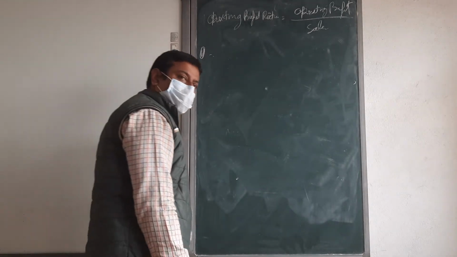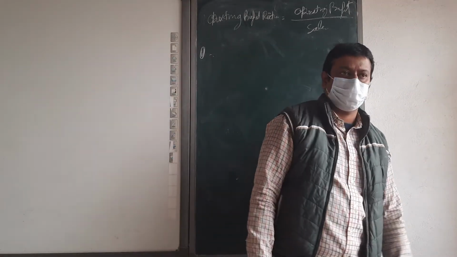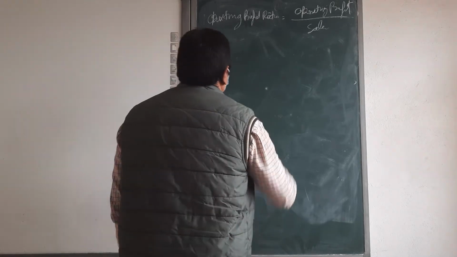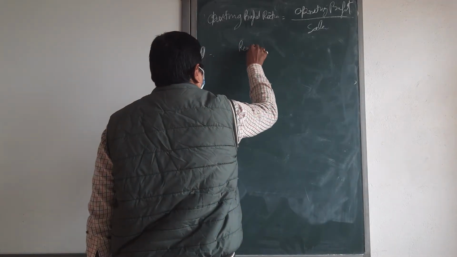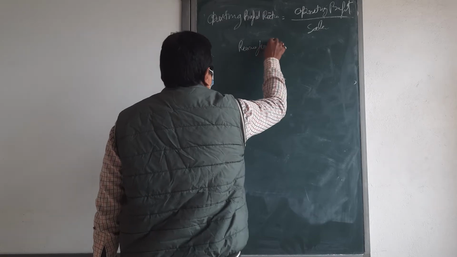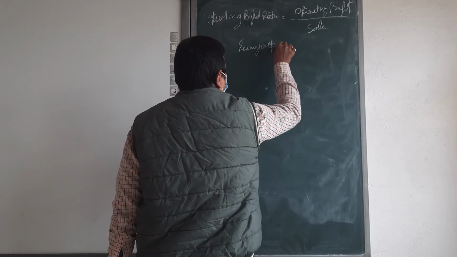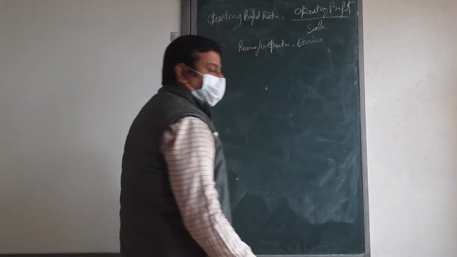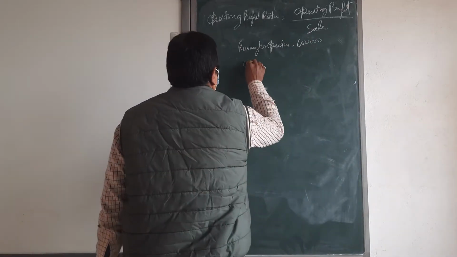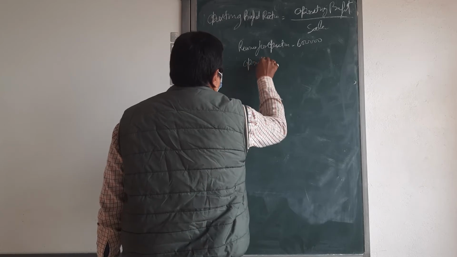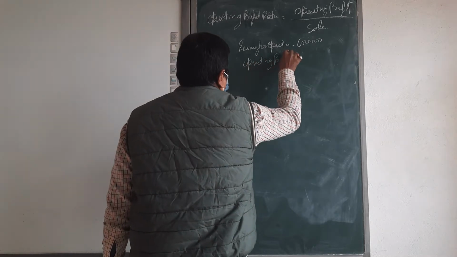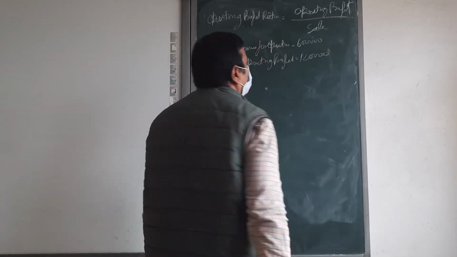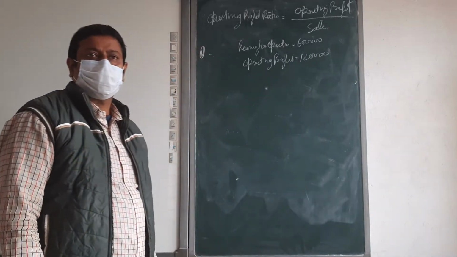Calculate operating profit ratio in the following cases. First, revenue from operation is 6 lakh. Next, operating profit 1,20,000. It's very easy. There are 3 cases.